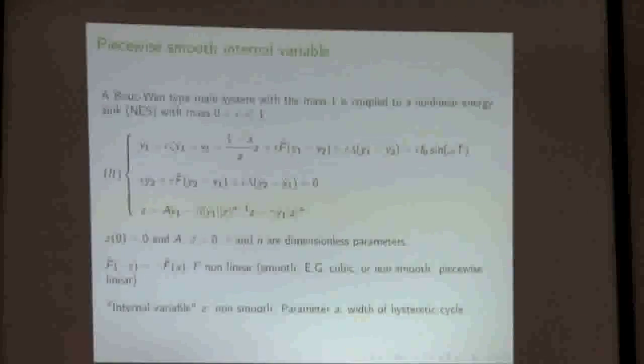So this is why I said n equal 1, n equal 2. And here I have an NES with a nonlinear part, and this nonlinear part could be smooth, cubic, or non-smooth, piecewise linear, for example.